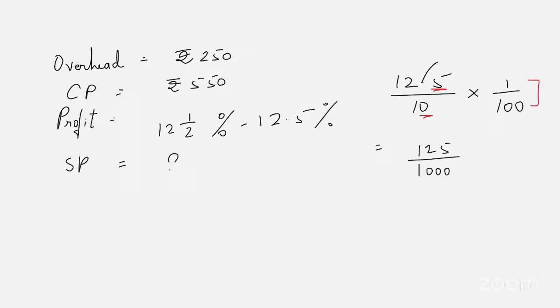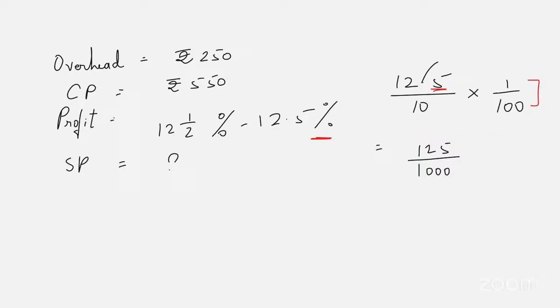Why? Because it is 12.5%. So to change it to normal, I will do 1 into 1 upon 100. So 10 into 100 I did. Okay, 125 into 1 is 125, 10 into 100 is 1000. That is how I got 125 upon 1000. Hope it's clear to you.